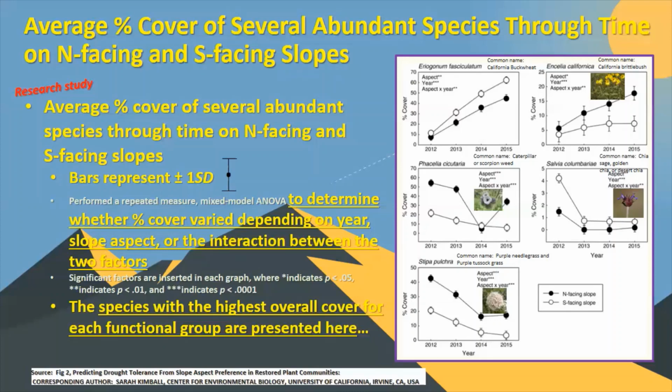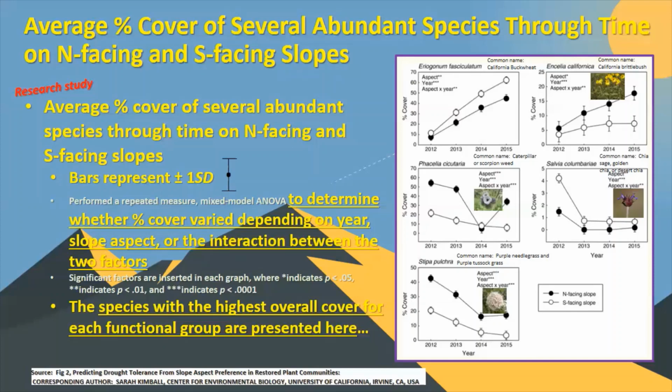Each graph has a timeline of a few years, and each graph has a percent ground cover of that flower covering the ground. By the way, the most important thing is north versus south facing slope. The black dot is north, the open circle is south facing. So you look at those two slopes and see if there's any trends between the species.